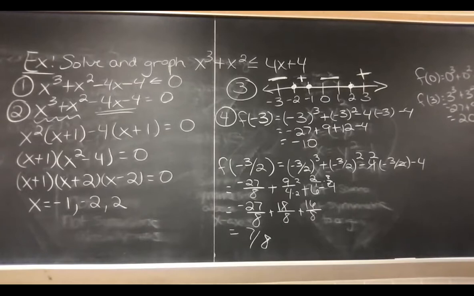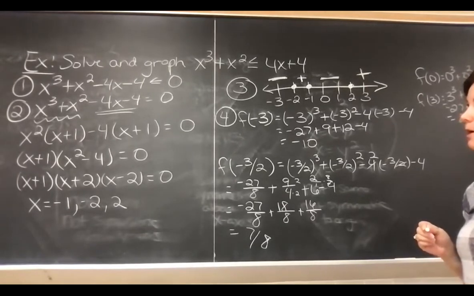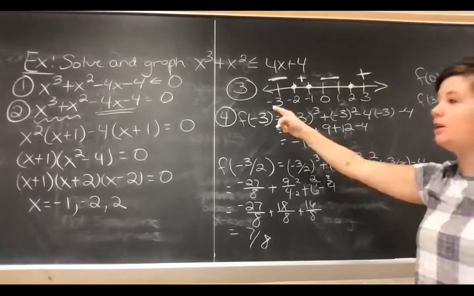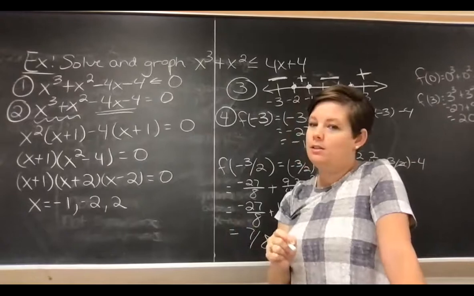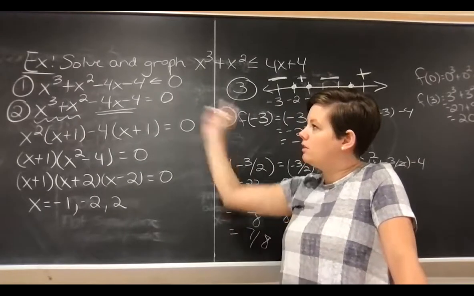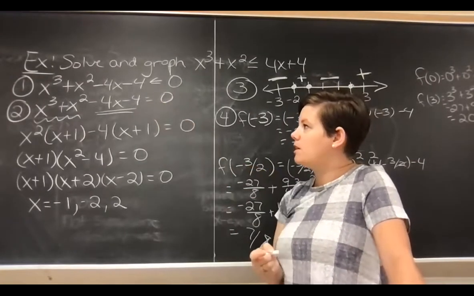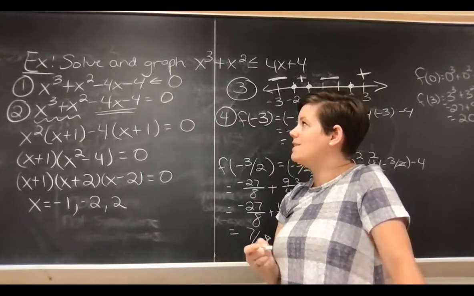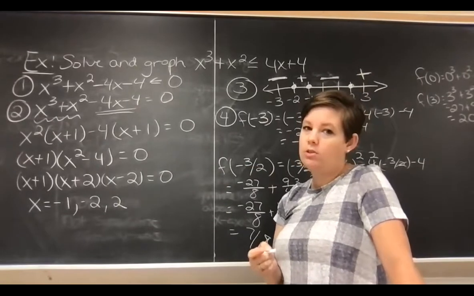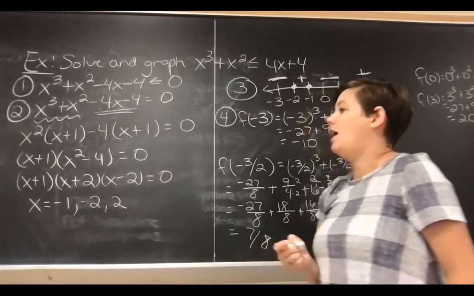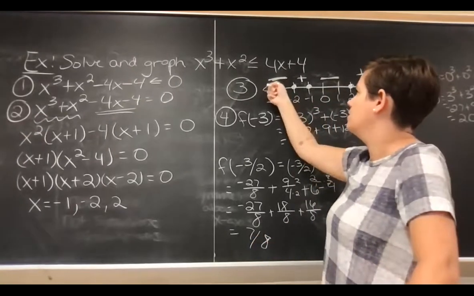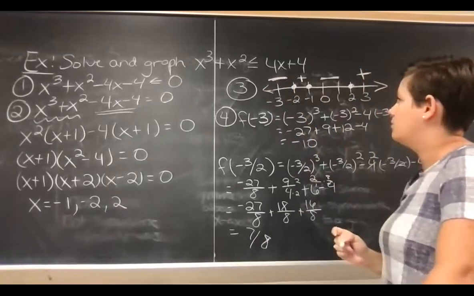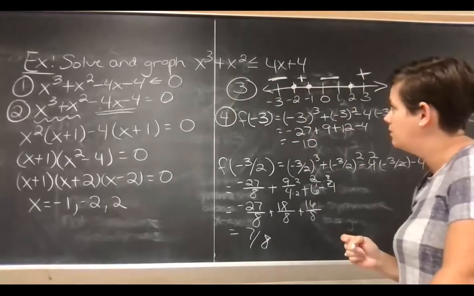So now which intervals am I interested in? I have to go back to my step 1 inequality: x to the third plus x squared minus 4x minus 4 is less than or equal to 0. So where does that happen? Where are the negatives? My negatives are here and here. So those are the intervals that I'm interested in.